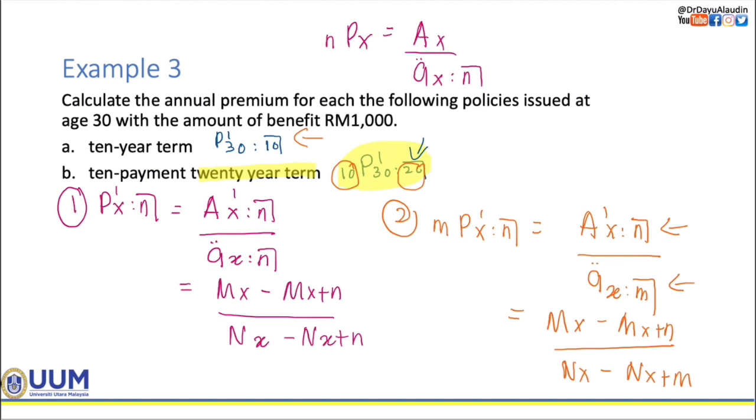For this one, the premium is only paid for 10 years, but the term insurance is for n years. So meaning that the second case is the temporary payment of premium.